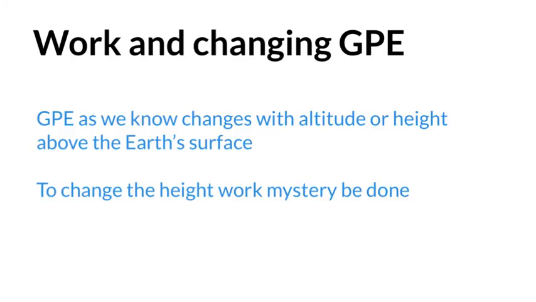Alright, so let's have a look. We know that GPE is dependent upon the height above the Earth's surface, the mass and gravity. Now, to change the height, work must be done.